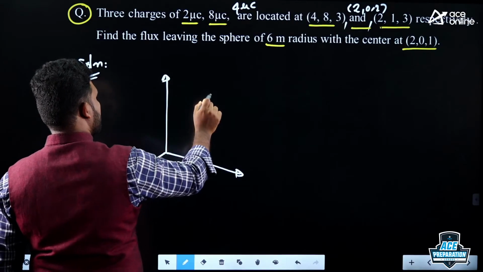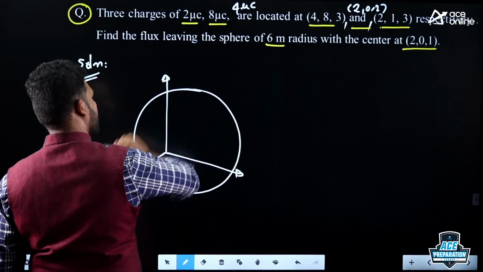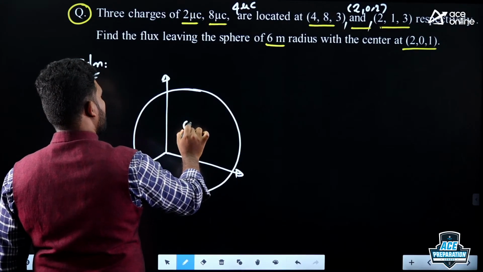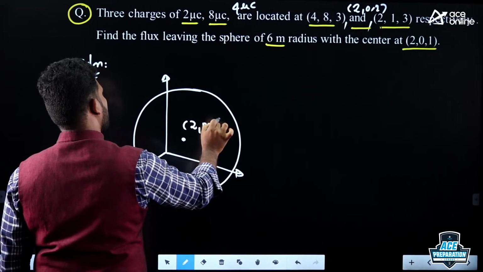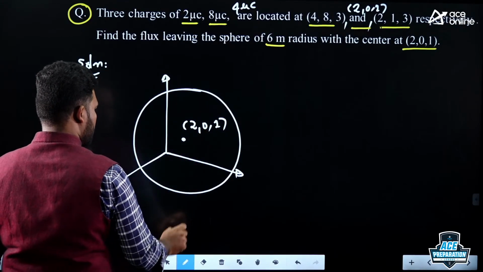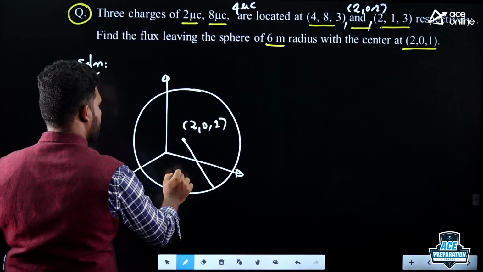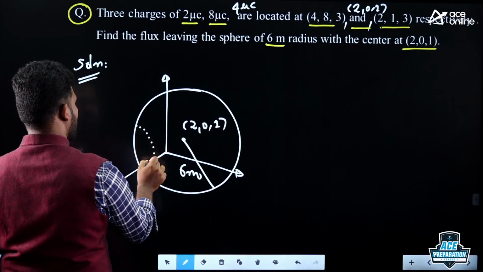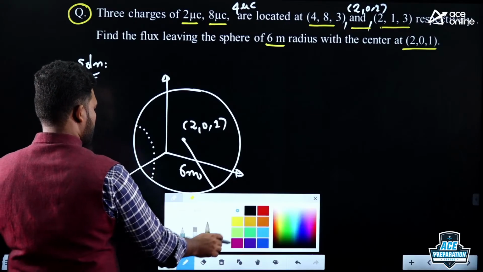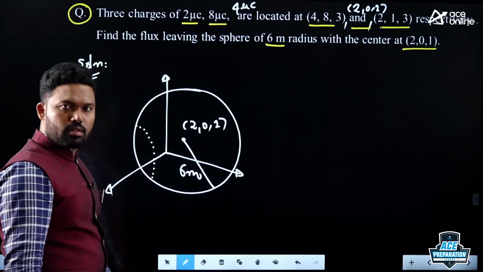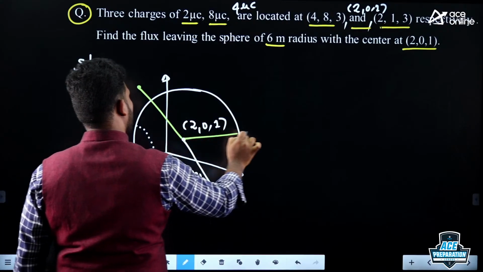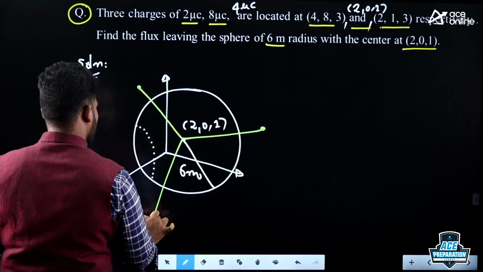Sphere is not located at the center, somewhere here. The center of the sphere is at 2, 0, 1. And the radius of this one is 6 meters. And these are the 3 charges here: number 1, number 2, number 3.